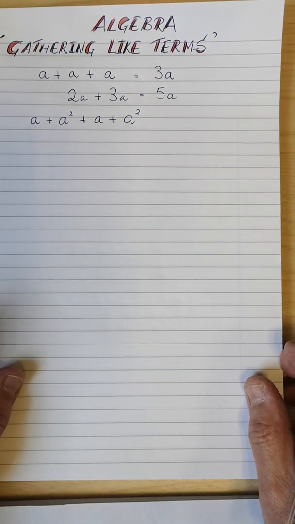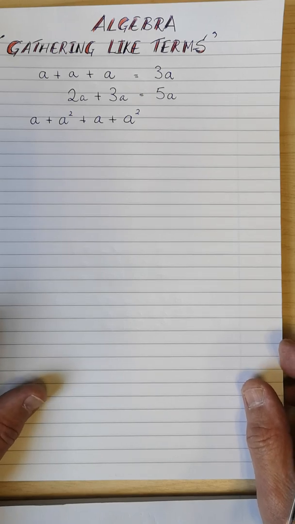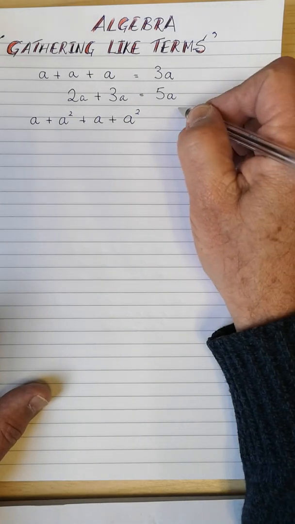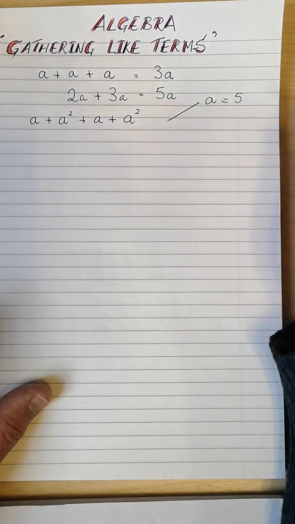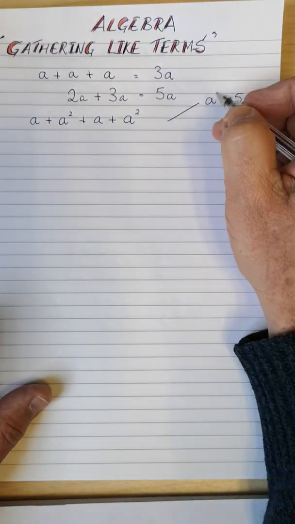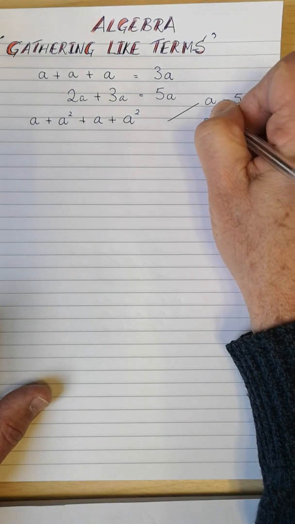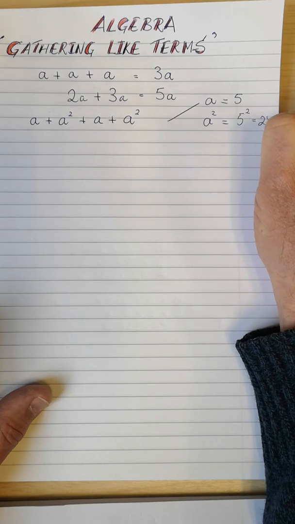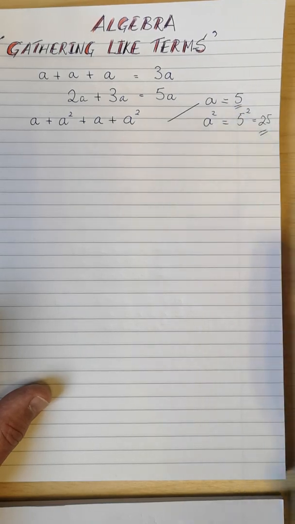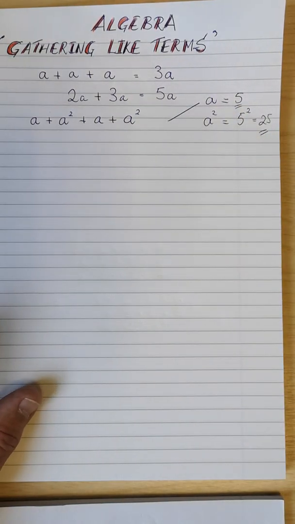Are they like terms? Well, in fact, the answer is no. And let's prove it. If I said to you A was equal to 5, well, A squared, in this case, is equal to 5 squared, and that is 25. So no, they are not the same. They are not like terms.